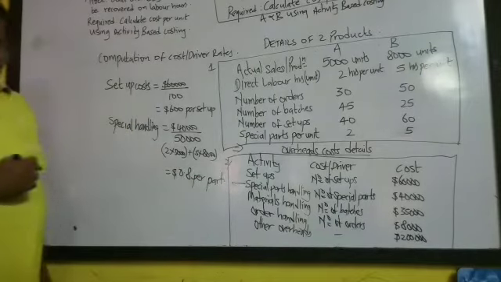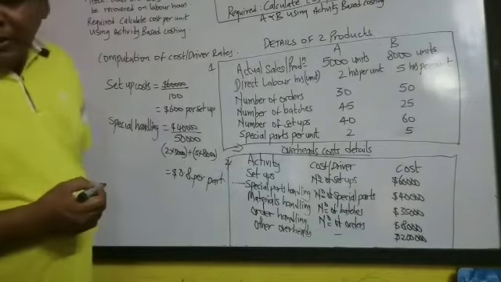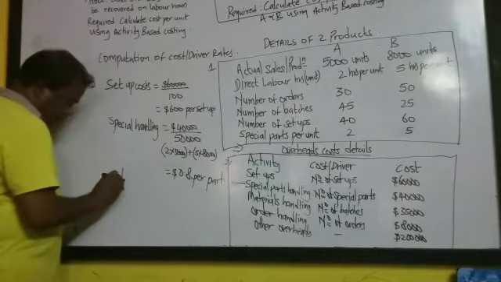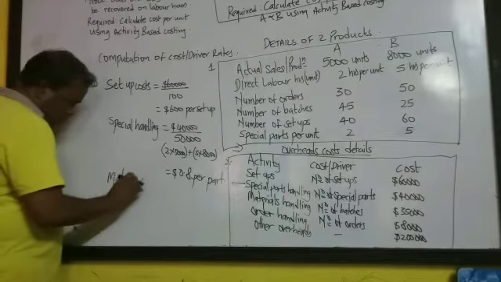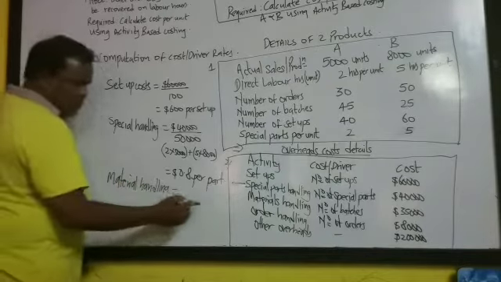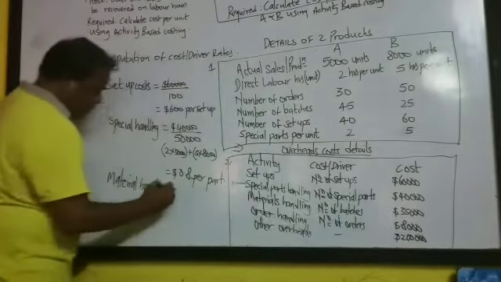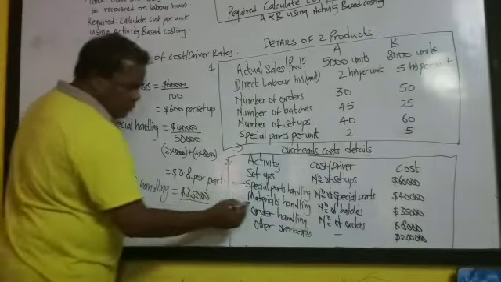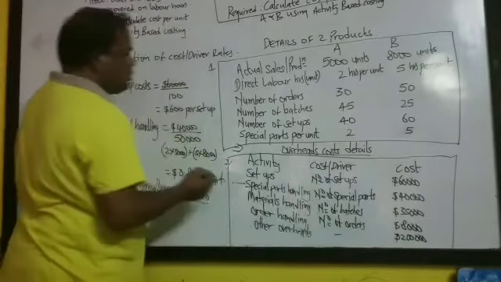And then we have to calculate for material handling costs. What is the cost of material handling? 35,000. It will be based on the number of batches.